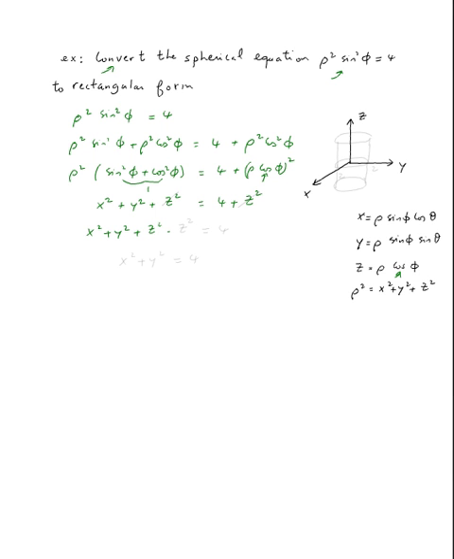Let's subtract z squared from both sides. So this will be x squared plus y squared equals 4. Actually, you could have just simplified these from both sides. So yes, we have a cylinder. This will be 2, 2, right? I mean, continue going forever. And that's it for these examples.